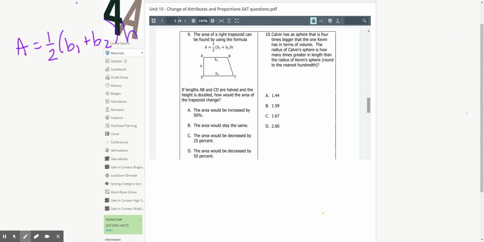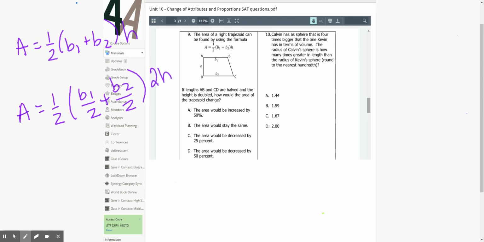So A and B are both halved. So that's B1 and B2. So the new one is going to be B1 divided by 2 plus B2 divided by 2. And then it says the height is doubled.